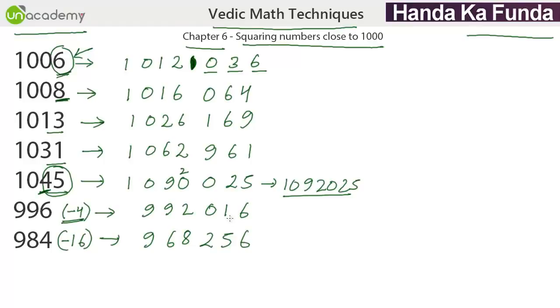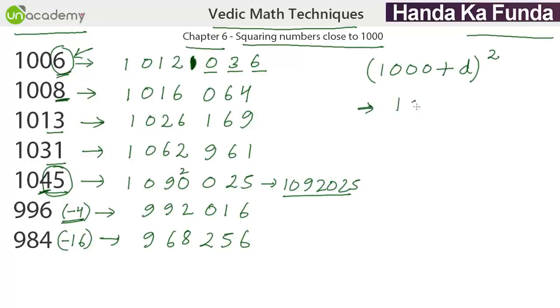But not only that, it is also important to understand why this is happening. So once again, we look at the basic concept that the number given to us is 1000 plus d, and we are trying to square it. When you try to square it, (a plus b) whole square is a square plus 2ab plus b square. So let's use that idea.